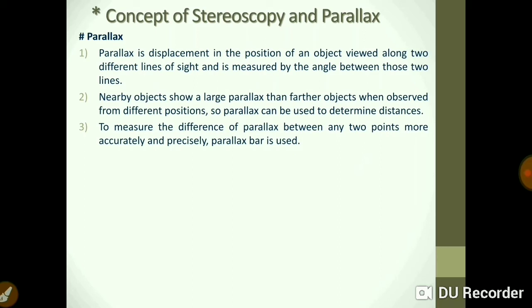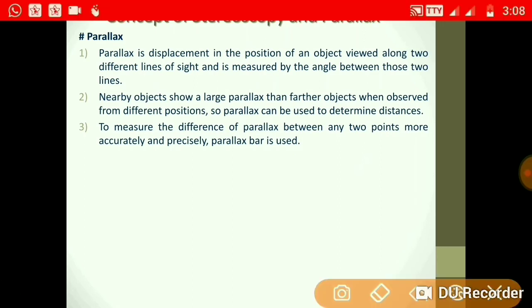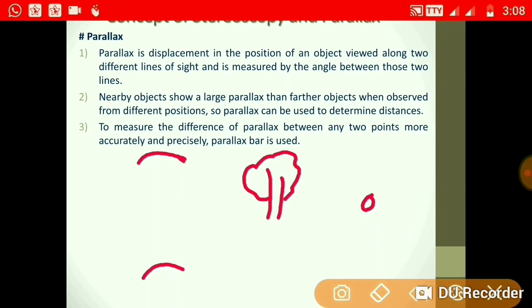Consider this is one object, and this is your first eye, this is your second eye, and in between this object and your eyes, consider there is a tree. If you observe this object from your left eye, you will see that the object is at the left hand side of that tree.